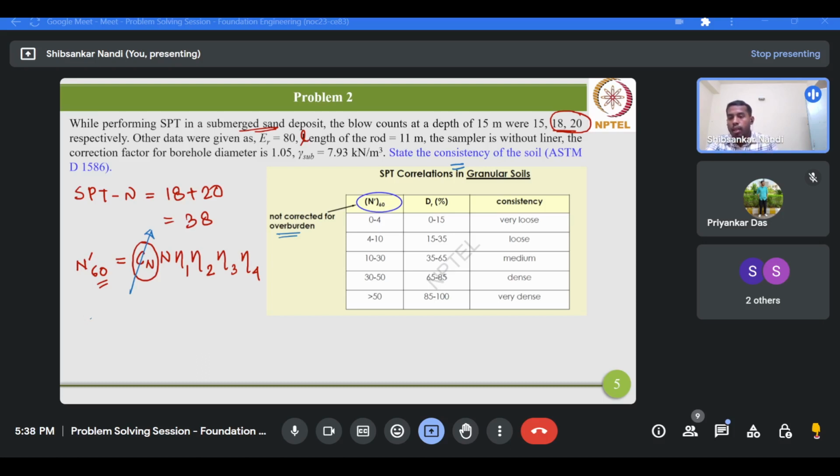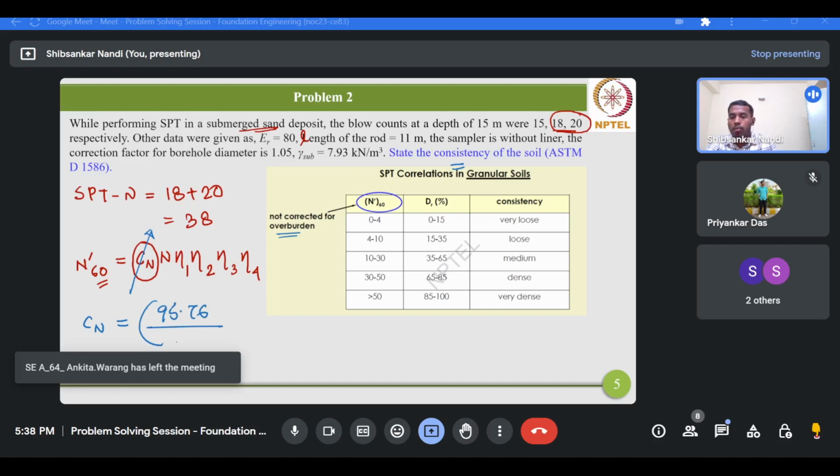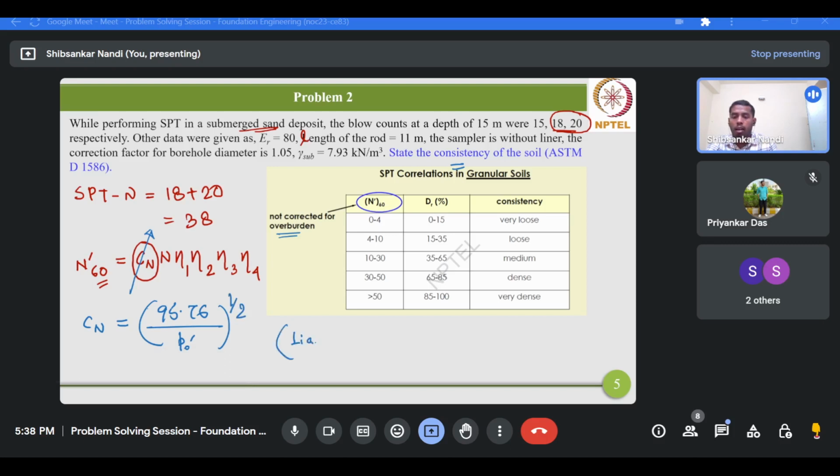Anyhow, the CN you can determine from this equation, 95.76 divided by P0 prime, whole to the power half, which is given by Liao and Whitman in 1986.